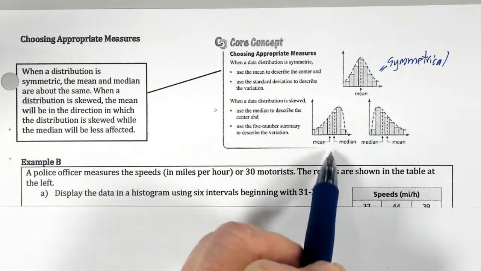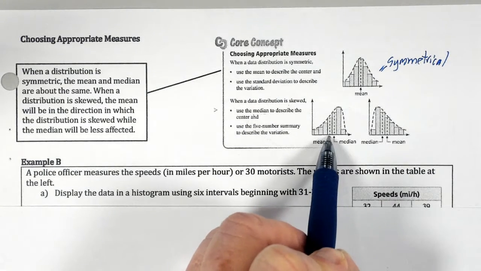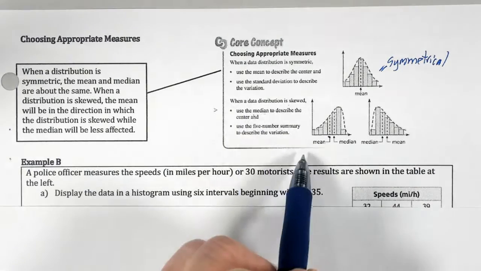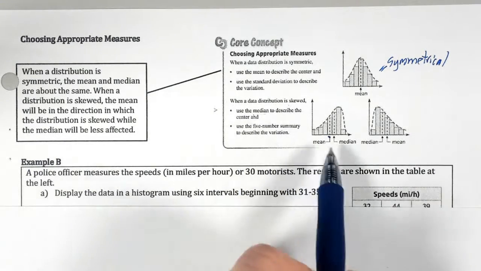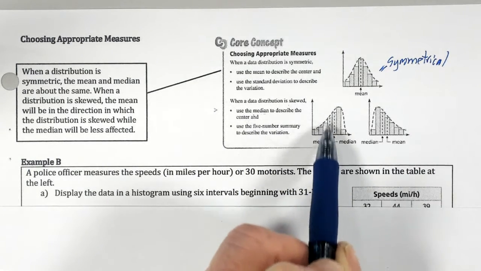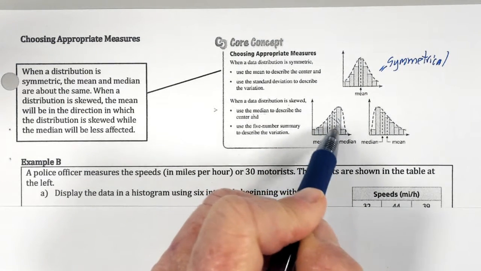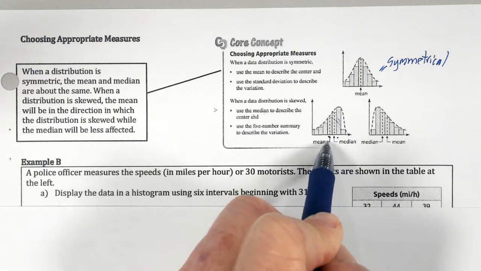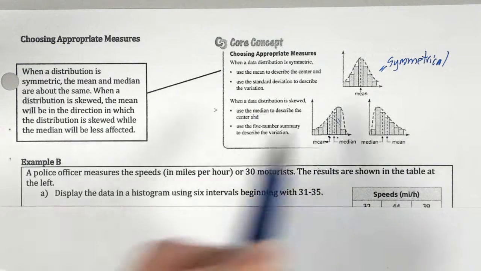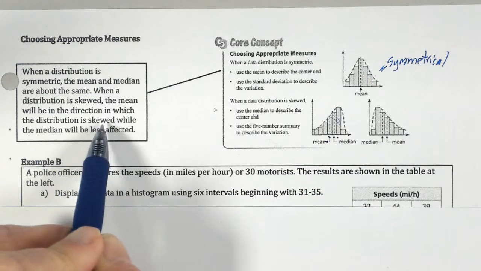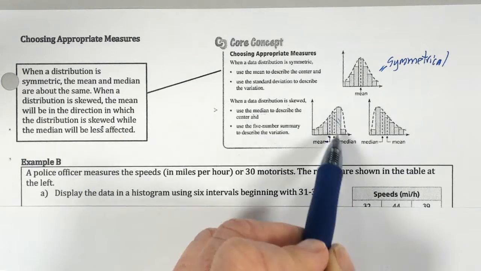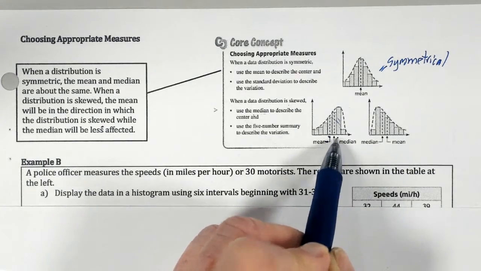So notice here where the mean is when my data is skewed. If this is most of the data here, the mean is in the direction in which the distribution is skewed. The median is going to be less affected.